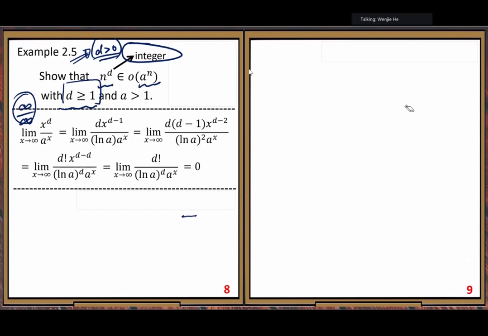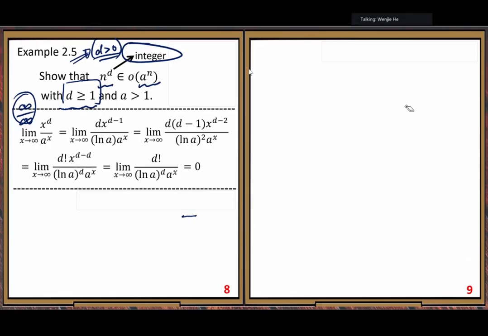In example 2.5, the power function n to the d, where d is a constant, is a positive constant, not necessarily an integer.